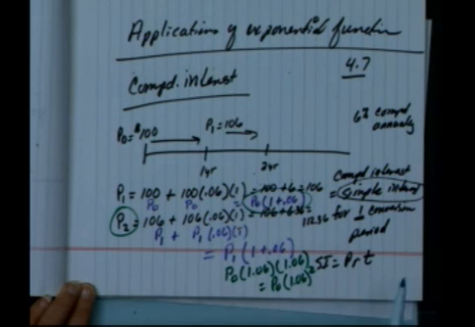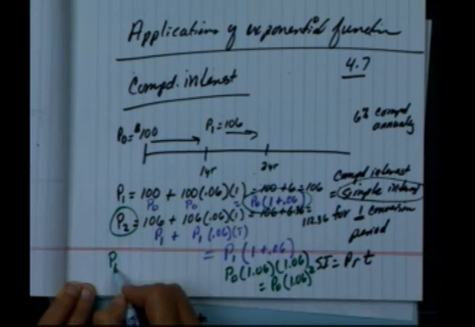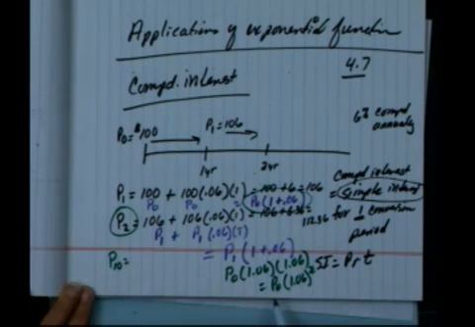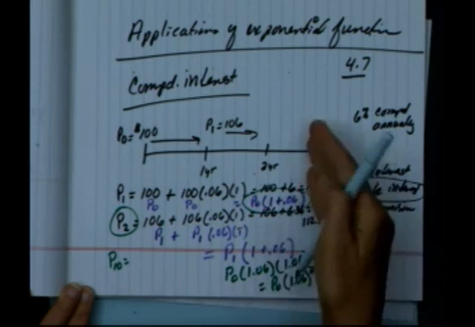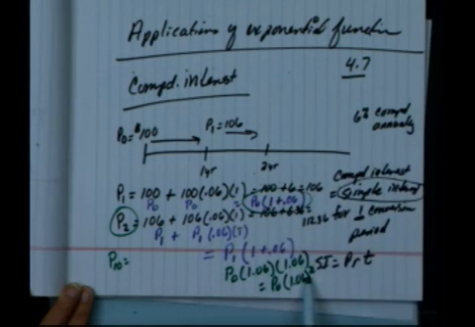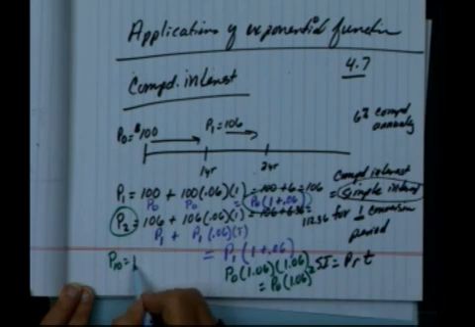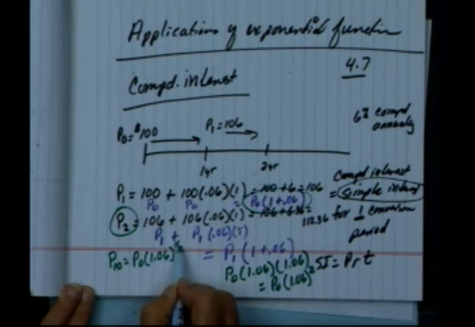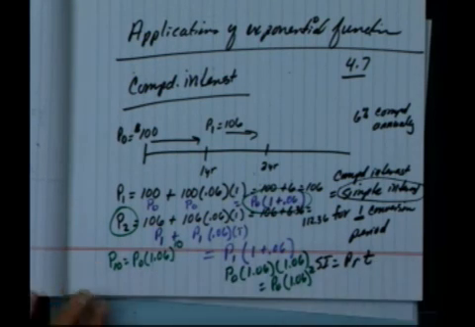So the balance at the end of the second period is going to be your initial investment times 1.06 squared. If you follow the logic down, what do you think P sub 10 is going to be equal to? The amount at the end of 10 periods. P sub 0 times 1.06 raised to the 10th, the 10th conversion period. All right.